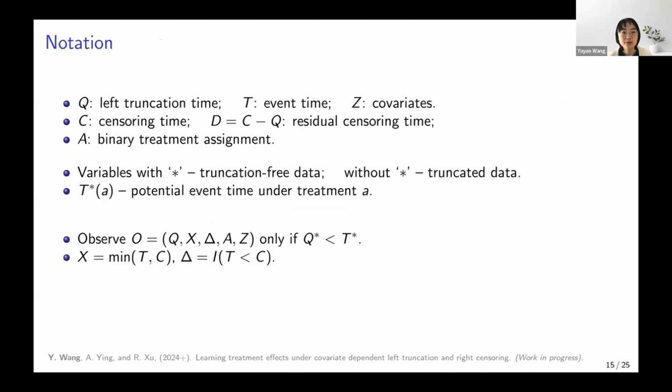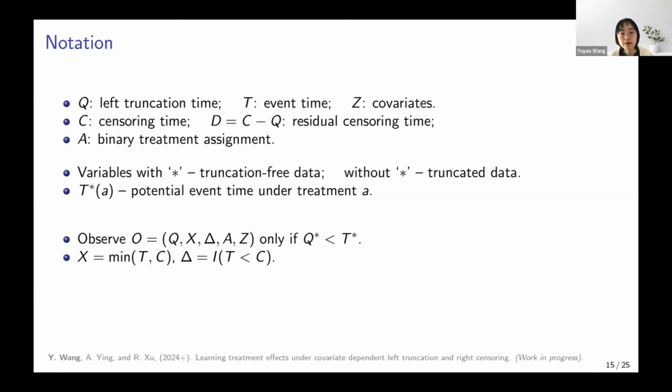So, some additional notation. We use C to denote the censoring time, D to denote the residual censoring time, which is the censoring time since enrollment, and A to denote the binary treatment assignment.